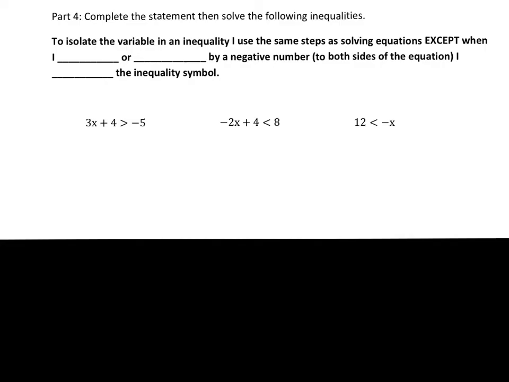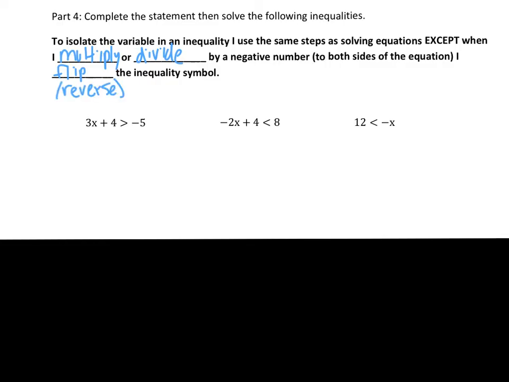The final part of this video is about solving inequalities. Solving inequalities is very similar to solving equations, except we have one specific rule that makes all the difference in the world. To isolate the variable in any inequality, I use the same steps as solving equations, except that when I multiply or divide by a negative number, I flip or reverse the inequality symbol.